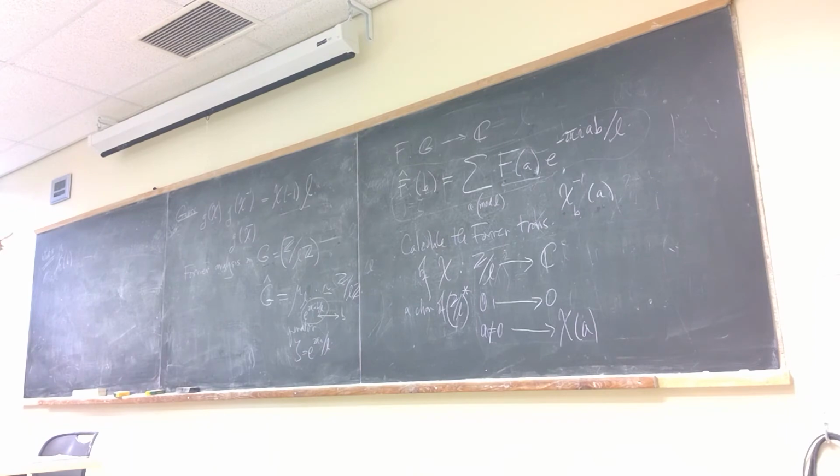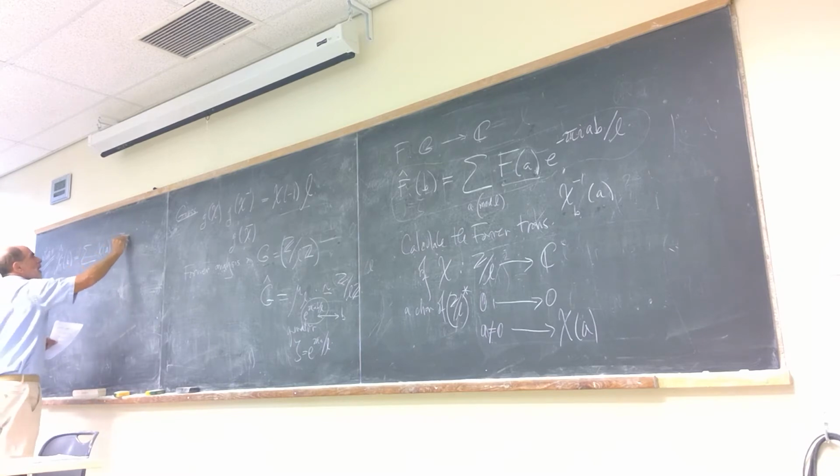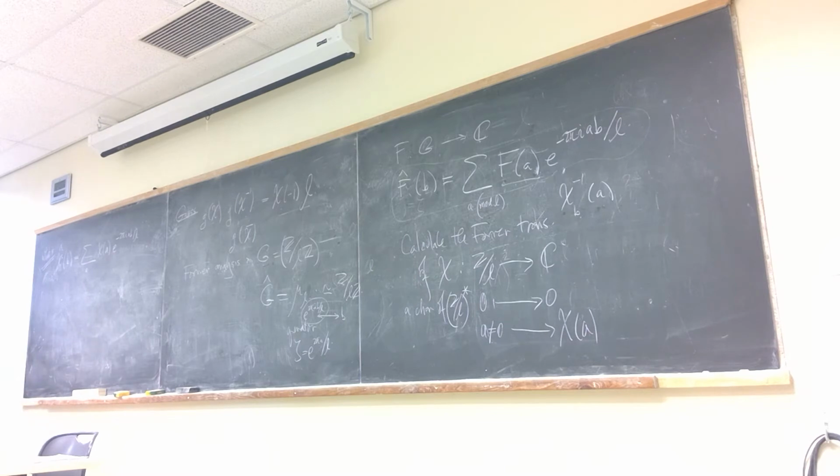Under this definition of F hat, it's the sum over A of chi of A e to the minus 2 pi I AB over L. That's the definition. It's a function now on B.